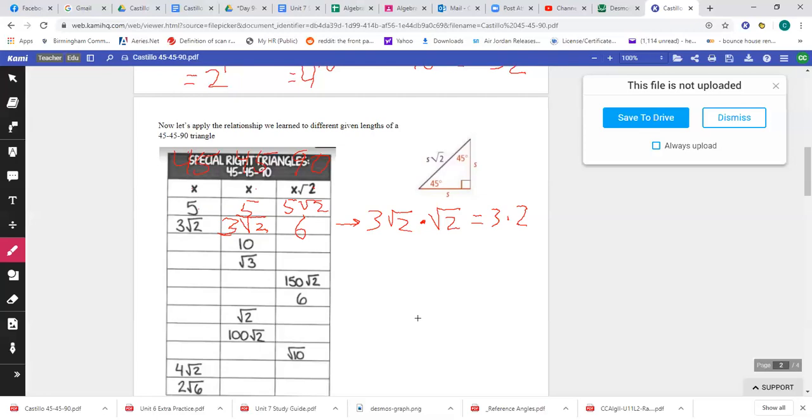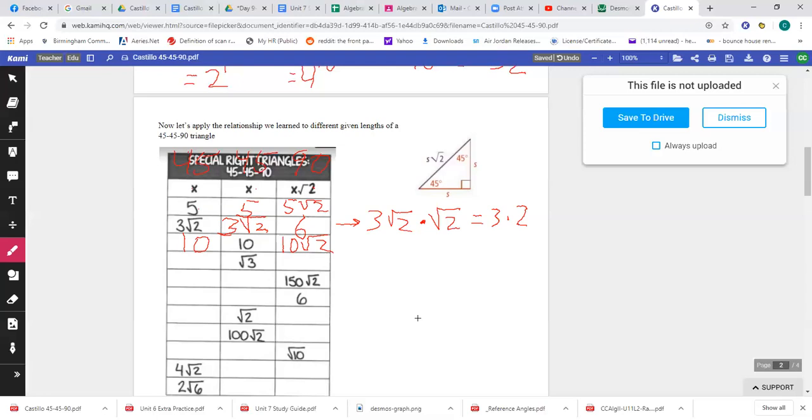So this one is 10, obviously, and then this will be 10 root 2. Simple as that.